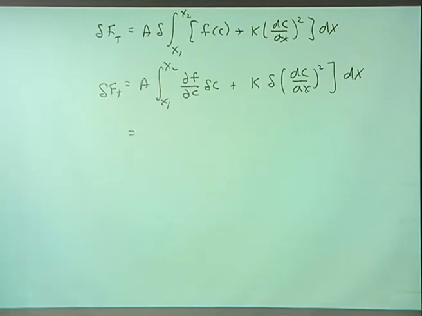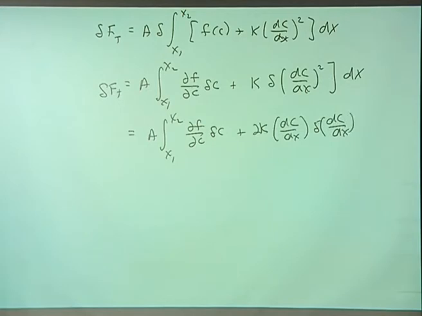You can write this as the variation in c plus 2k times the variation of the derivative.